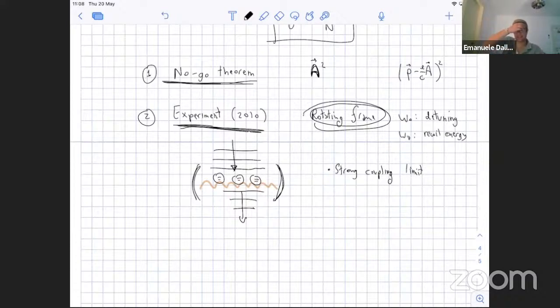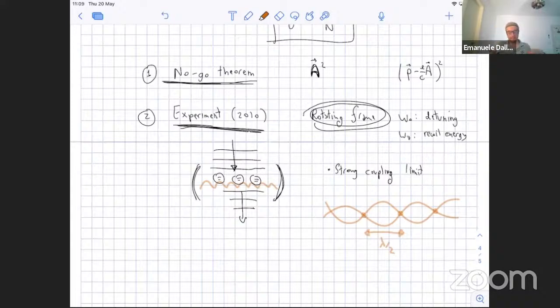Remember that when you have a standing wave, let me draw it here in this orange line. So this is at some time t, and this is at another time t. So there are nodes and antinodes. Depending on whether it is blue detuned or red detuned, the atoms are either attracted to the nodes or to the antinodes. Let's assume, for instance, that they are attracted to the nodes. The important part is that the distance between the nodes is lambda over 2. This is just a basic standing wave.